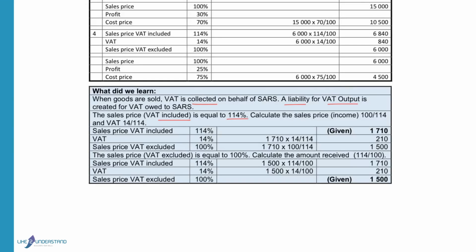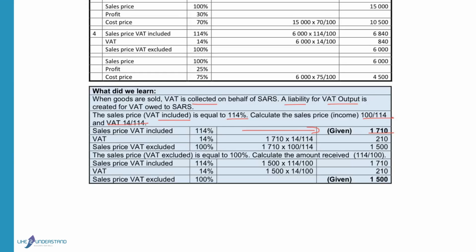Calculate the sales price as 100 over 114 and the VAT as 14 over 114. So if the sales price VAT included is given, then it means that the 114% figure is given, and you will calculate the VAT 14 over 114 and the sales price income as 100 over 114.